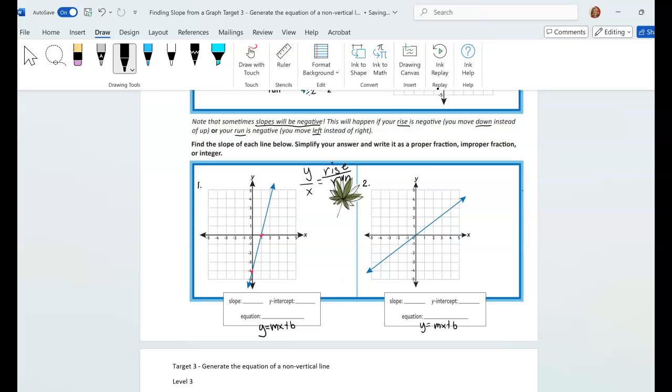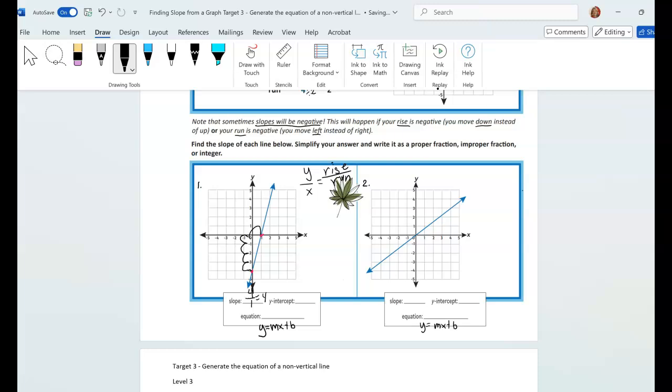So we're rising 1, 2, 3, 4. That's going to be the change in y over run. 1. It was just 1. Let's do that again. Look how easy that was. 1. So 4 over 1 is simplified 4.